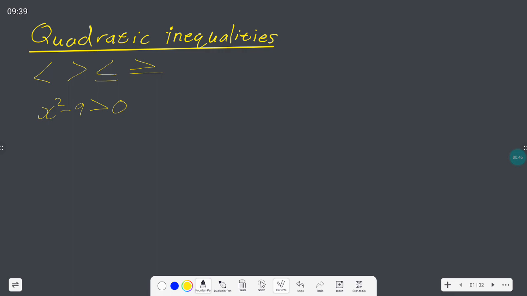So when we have a question like this, we first find something that is known as our critical values. You can use CR, or critical values. Now what does this mean? We put it in a bubble because it does not actually count for marks, but we will be saying that x squared minus 9 is equal to 0.